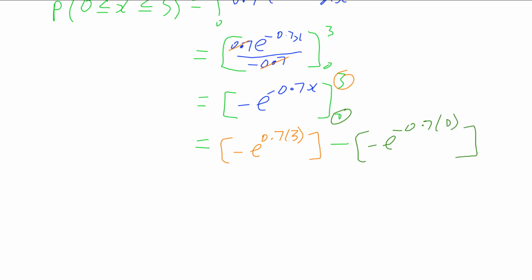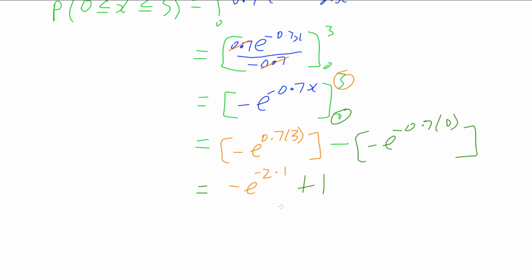And so if we look at this, we have negative e to the negative 2.1, and e to the negative 0.7 times 0, well, that's going to be e to the 0, which is 1, and so we take negative 1, so we're going to have plus 1.